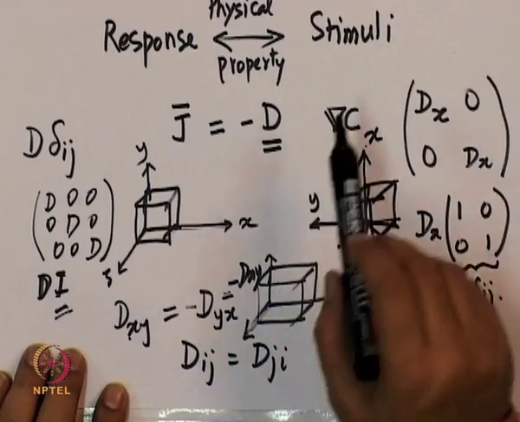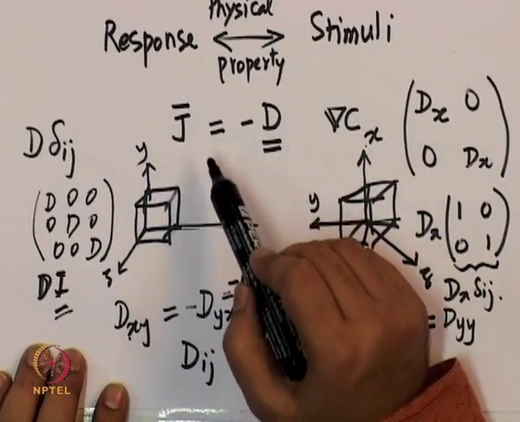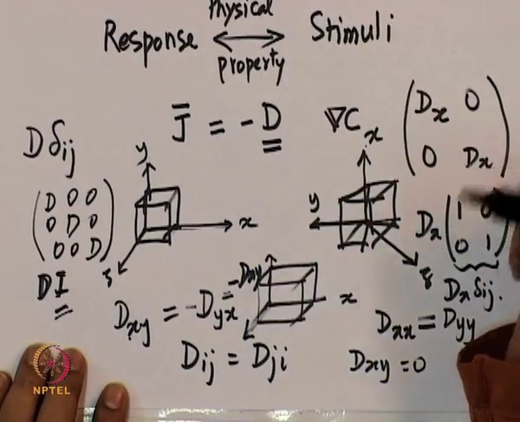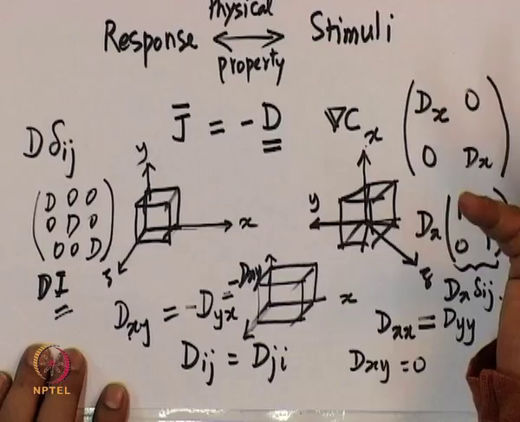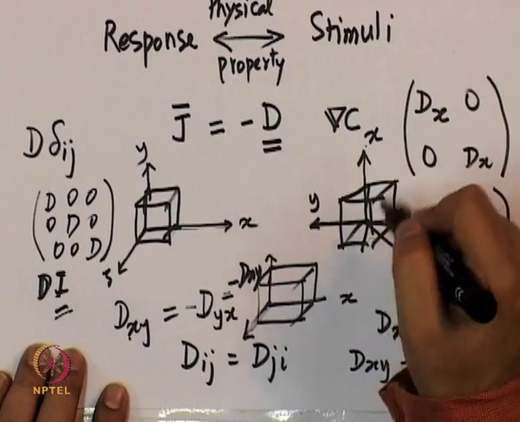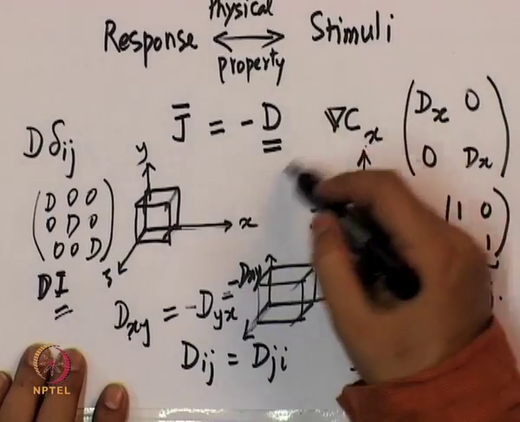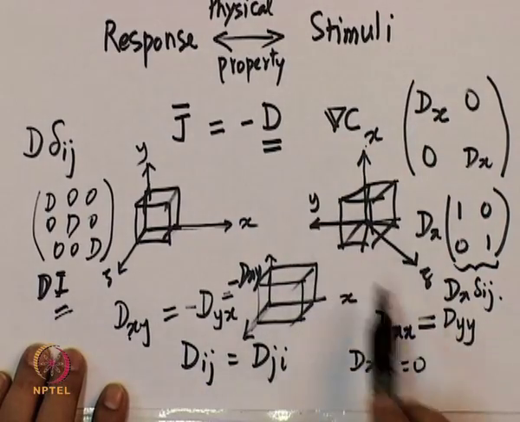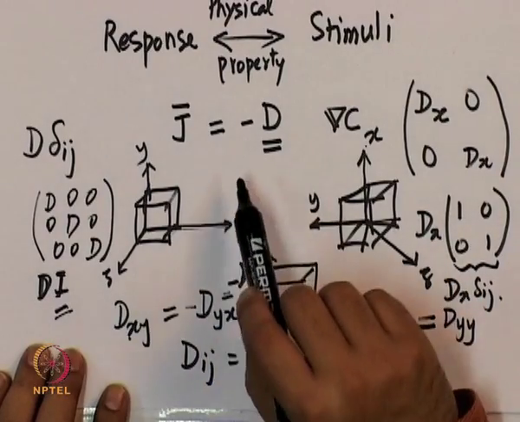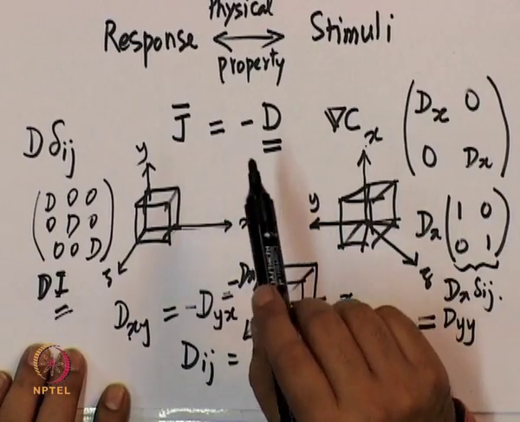If you do the symmetry operation on the stimuli and response, and you find that the property does not change, and because these are symmetry operations, the property should not change. If I have this crystal and I did a 90-degree rotation, that is a symmetry operation. So, nothing changes about the crystal, then the property should not change. If I use that demand, then I already see that I end up with the case where the second rank tensor happens to be isotropic.